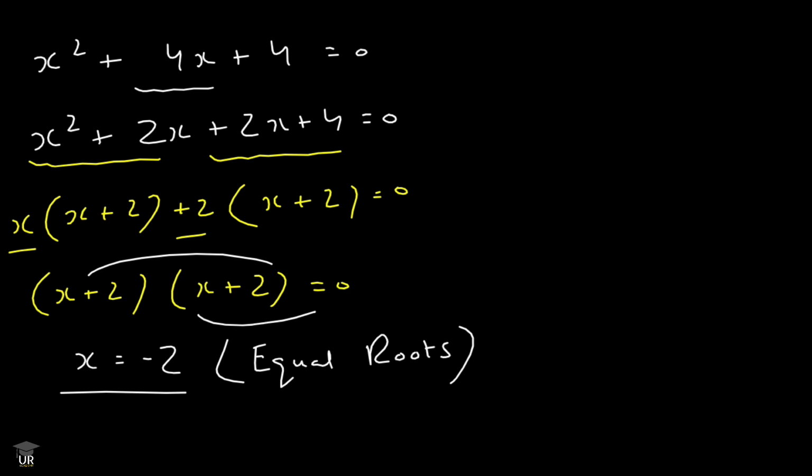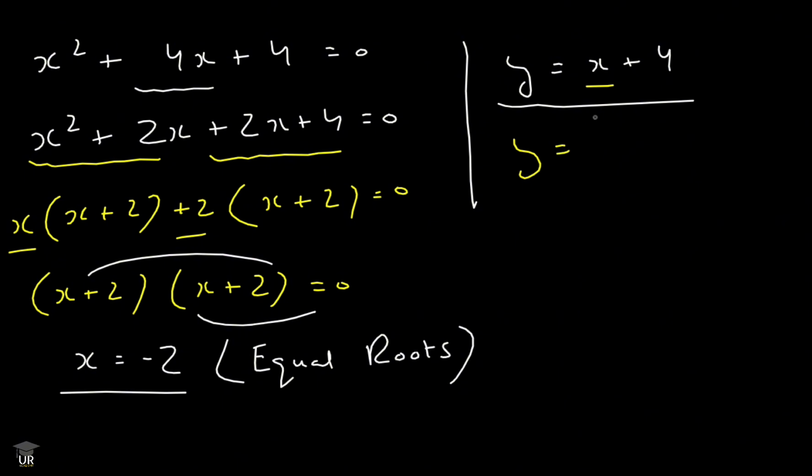So let's just substitute the value x is equal to minus 2 in our original equation. So my original equation was y is equal to x plus 4. So this was my original equation of the straight line. So let's substitute this into it. So in place of x, let me just write minus 2. So minus 2 plus 4 will give me a value of y that is just 2.